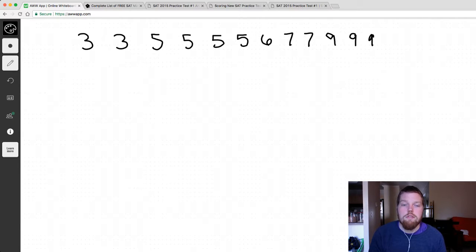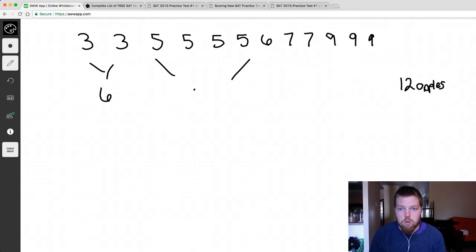How many apples in total? 1, 2, 3, 4, 5, 6, 7, 8, 9, 10, 11, 12. 12 apples. So what we're going to do is sum the number of seeds in 12 apples and divide by 12 apples to get our mean. So we have 6 and 20 and another 20 and 27.